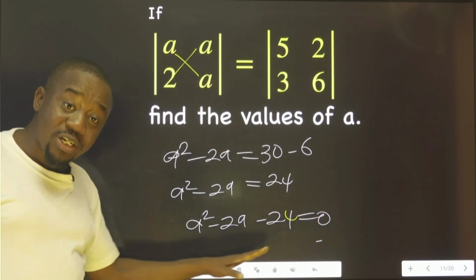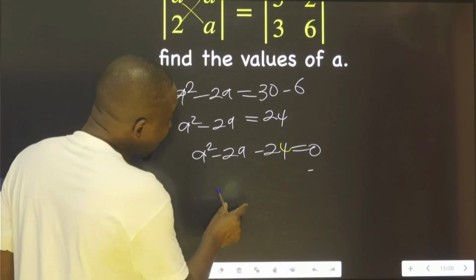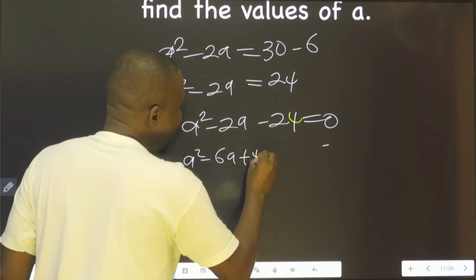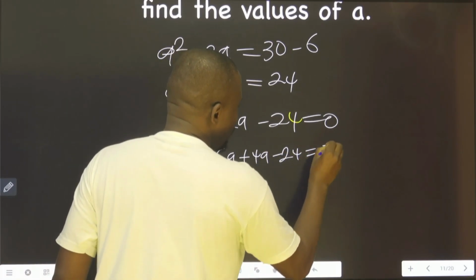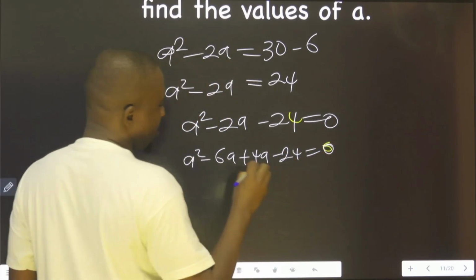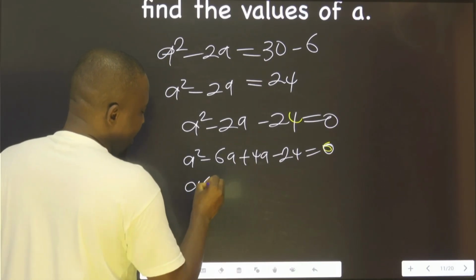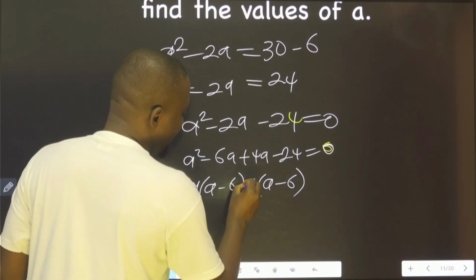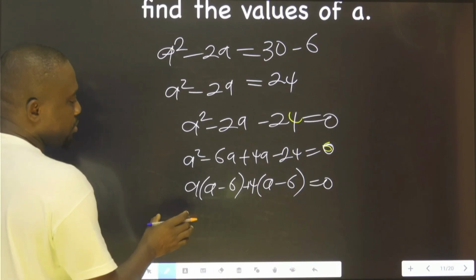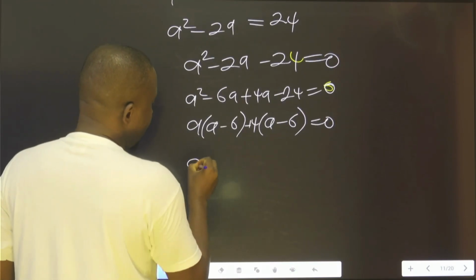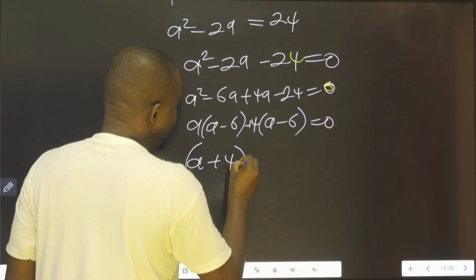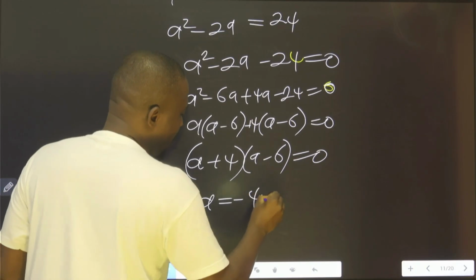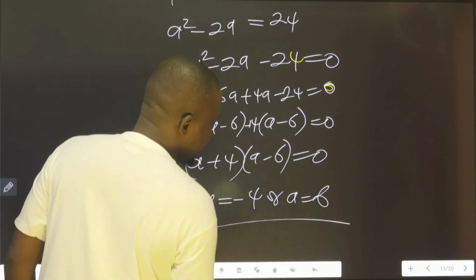Now we have a quadratic equation. If you solve this, I'm going to have A squared minus 6A plus 4A minus 24 equal to 0. Okay? A minus 6, A, you put 4 here, equal to 0. That is A plus 4, A minus 6 equal to 0. A is equal to minus 4 or A equal to 6.